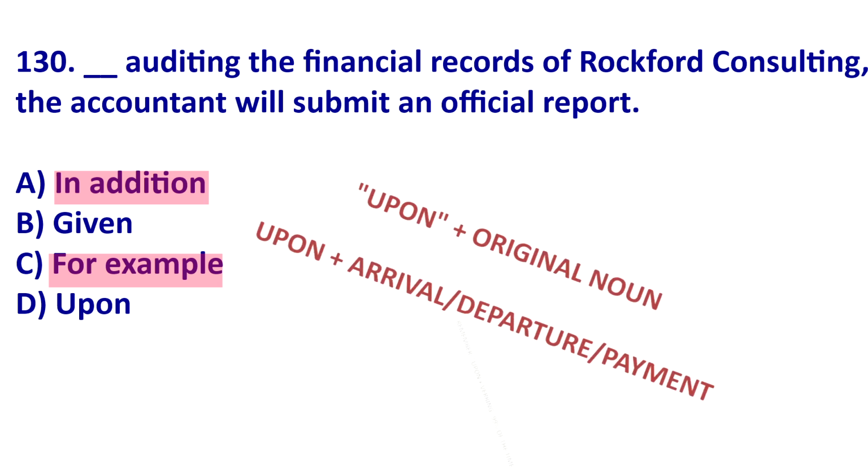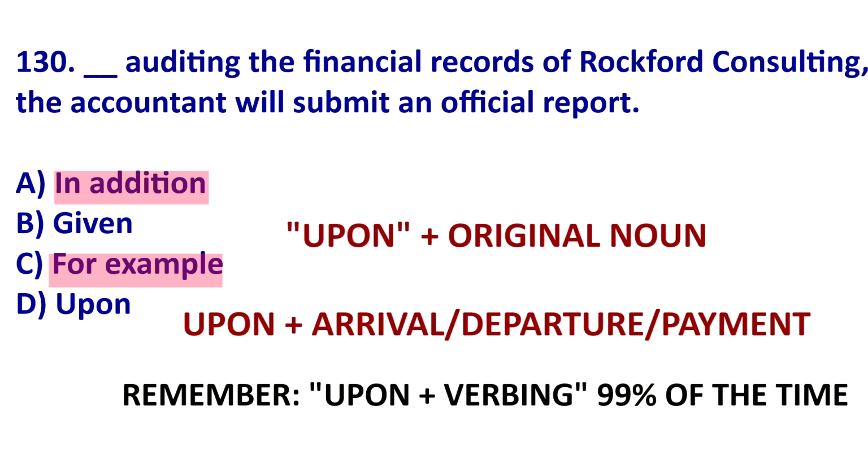The only times you'll see upon not followed by verb-ing are when you see it as upon arrival, upon departure. This is usually at the airport. So upon arrival of the plane, please do this. So because upon is usually followed by verb-ing and the context makes sense, upon is the best answer.